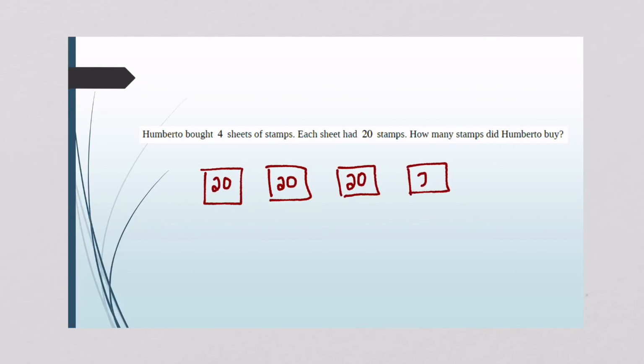And here's another sheet, and it has 20. So multiplication is just repeated addition, but a faster way to do that would be 20 times 4. And you get 80, and you always need to label, especially if we're dealing with word problems, 80 stamps.